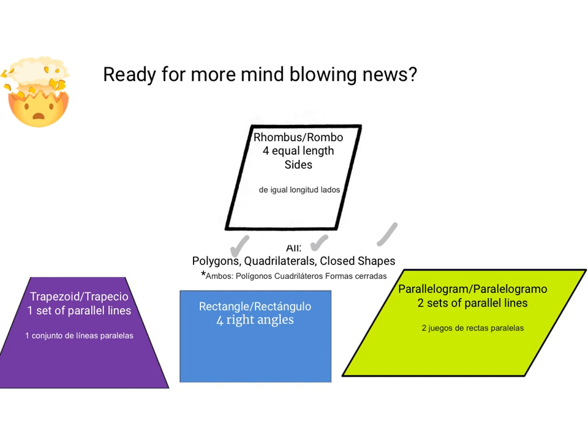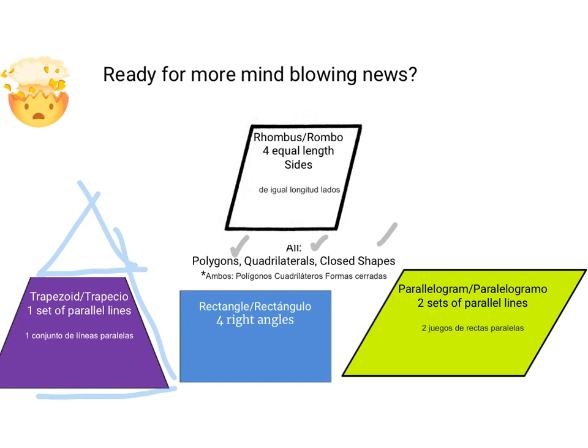With a trapezoid, I have to have one set of parallel lines. So if I'm looking here at this purple trapezoid down here, I can see this line and this line are parallel to one another. Now, as we spoke about before with the trapezoid, this other side length is not parallel. They end up crossing.